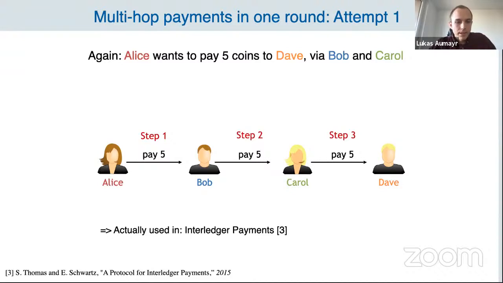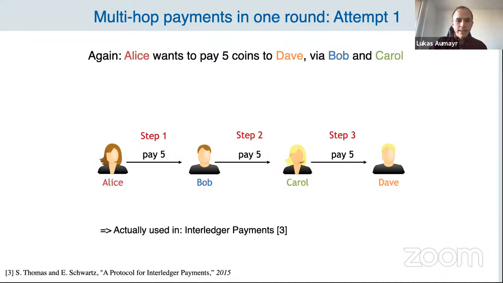After this has been updated, Bob will go ahead and update his channel with Carol in the same way, such that the 5 coins move from Bob to Carol. And then Carol will do the same with Dave. So they all honestly update their channels, the coins move from left to right, and the payment is done. And this is actually used in the interledger payment scheme.